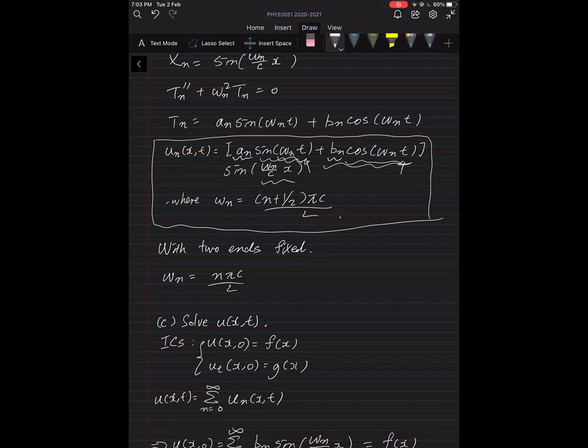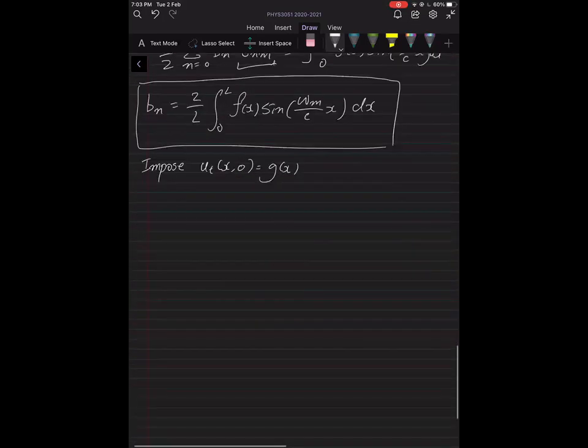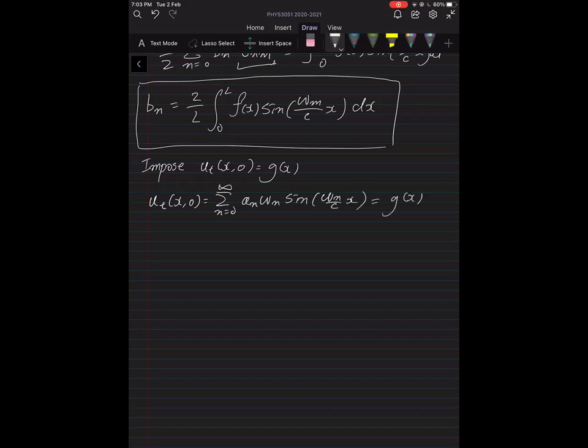So we only have A_n and also omega n here because we took the derivative. So we have u_t(x,0) equals the sum of A_n omega n sine omega n over c x equals g(x).